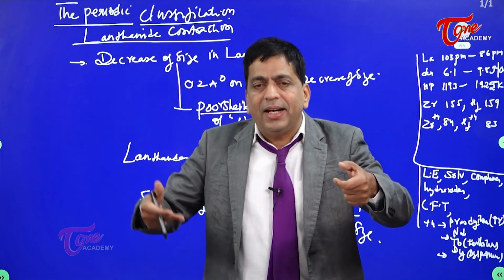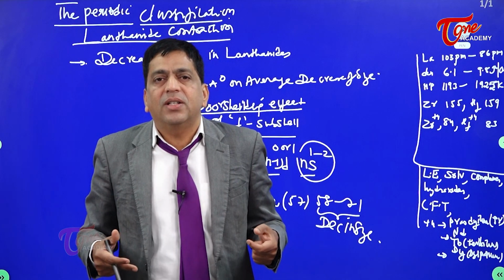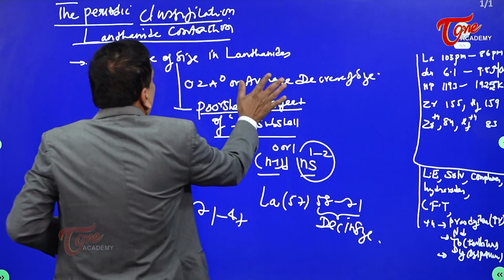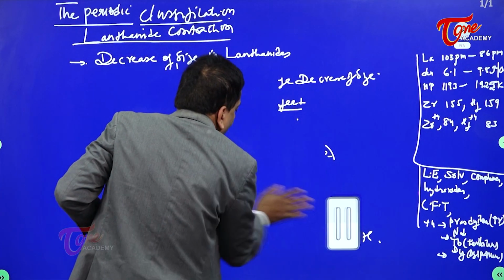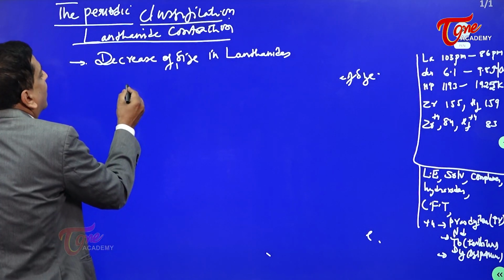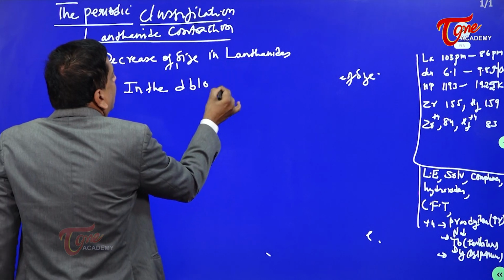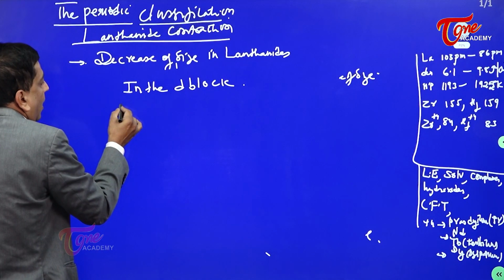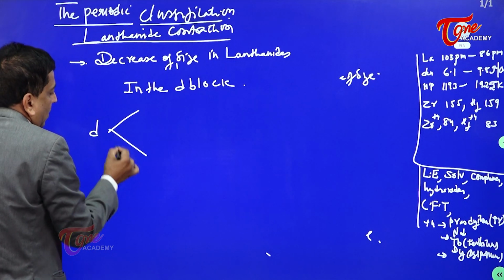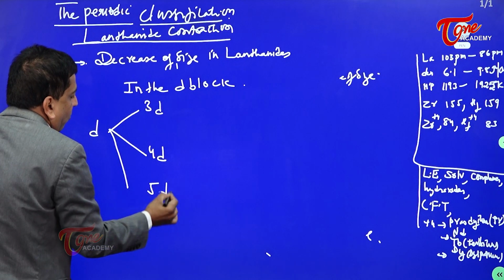But 58 to 71 are placed toward the bottom of the periodic table, removed from the main frame and kept separately. Please understand the D block, in which you have 3 series: 3D, 4D and 5D.